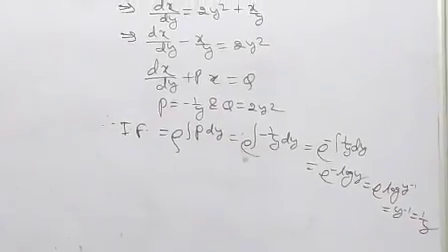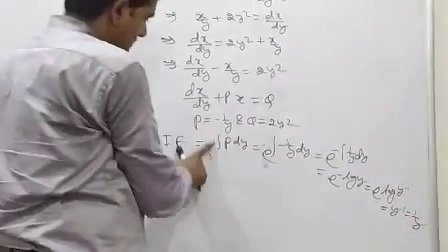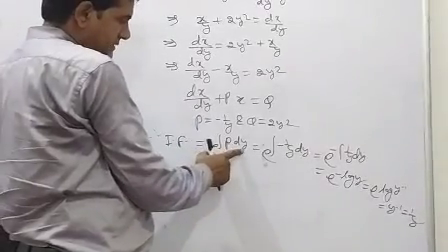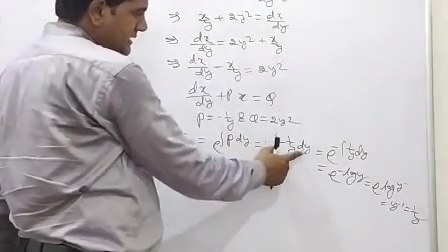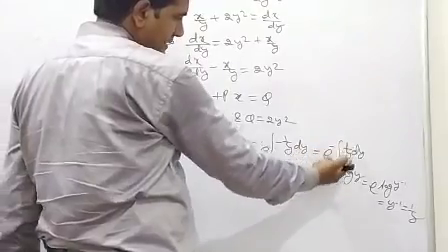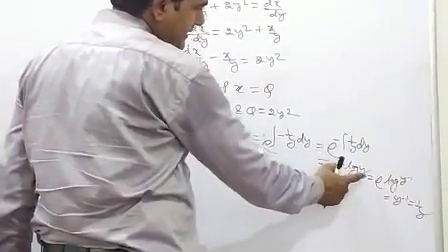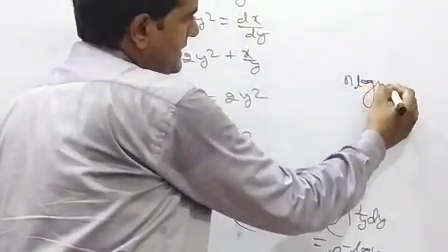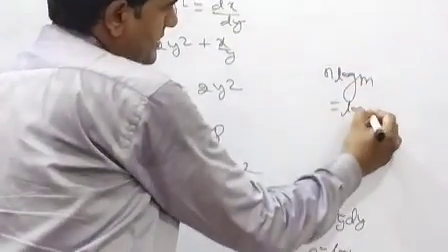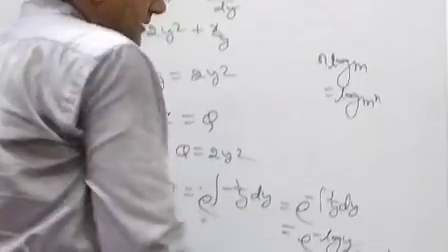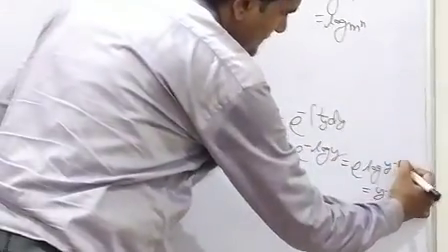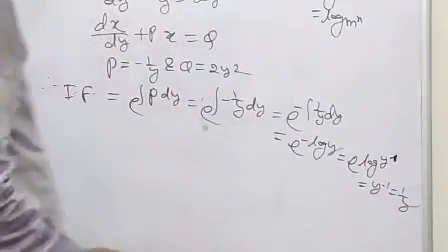Clear? Very simple. This is integral of e power P dy, that is e power integral minus 1 by y dy. Minus 1 by y means log y, n log m. Do you know? n log m is what? log m power n. Minus 1 log y means y power minus 1 here, that is 1 by y.